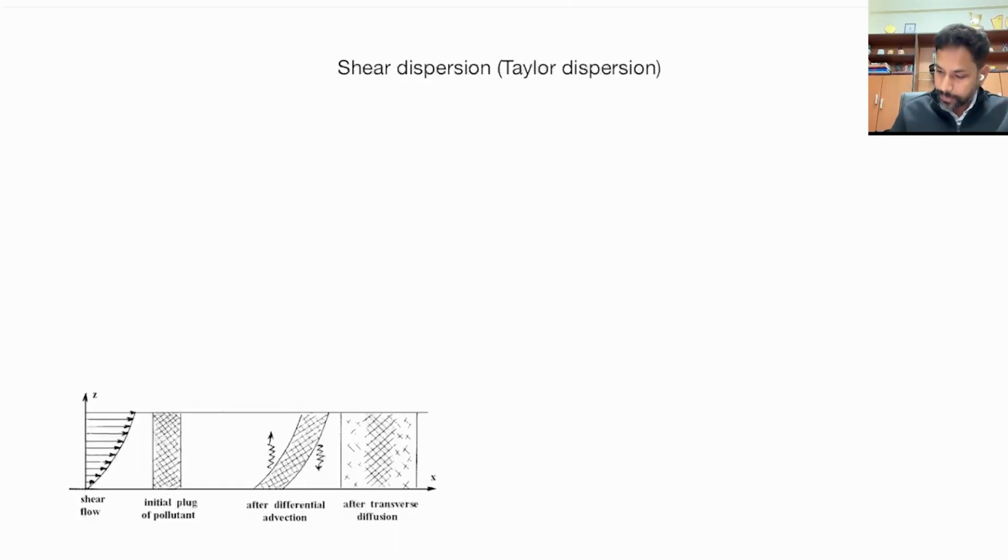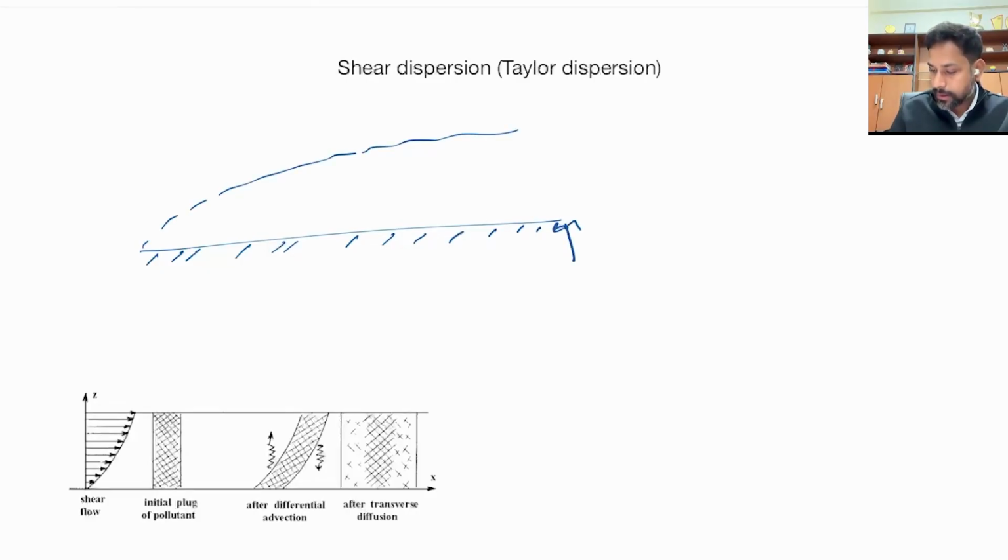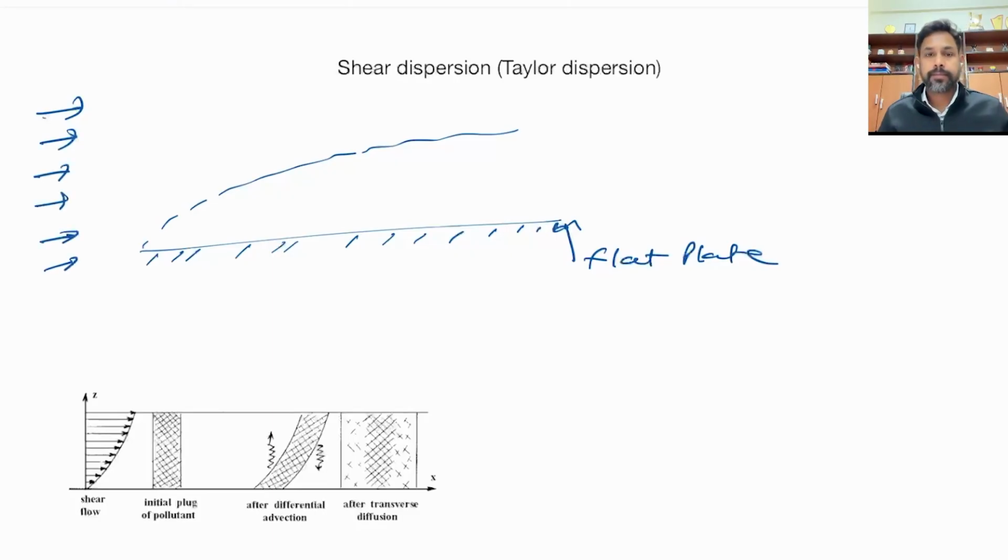So let's assume that there is a boundary layer. So this is a flat plate, okay, and there is this fluid coming from this side. So what do we know about the boundary layer is there is this velocity profile.